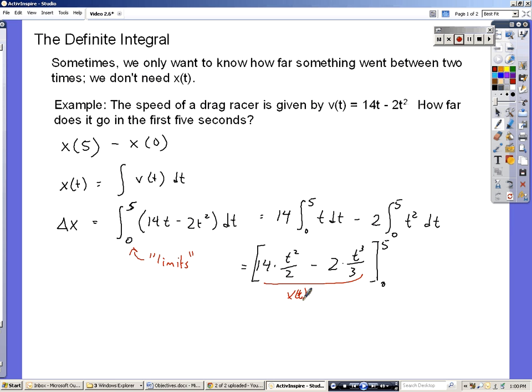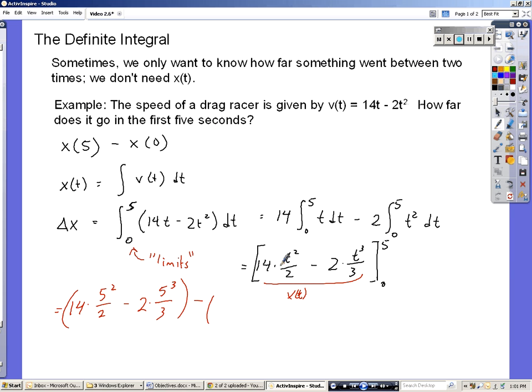Now we need to evaluate that at 5 seconds and also at 0 seconds. Evaluated at 5 seconds, we have 14 times 5 squared over 2 minus 2 times 5 cubed over 3. And we need to subtract that whole thing evaluated at 0.